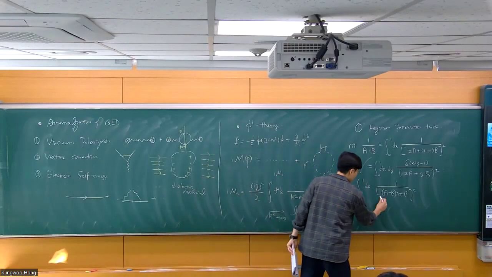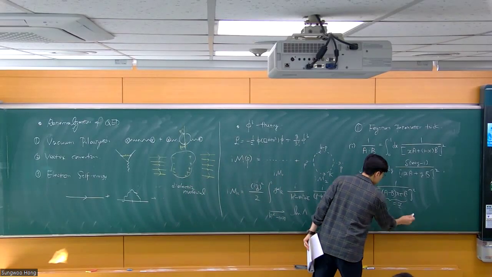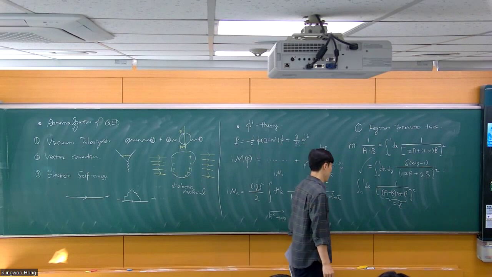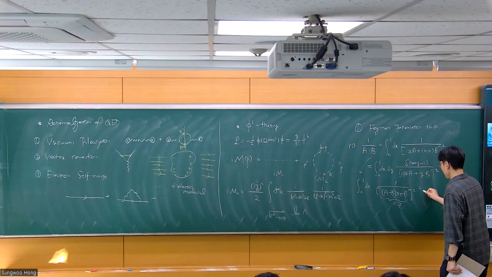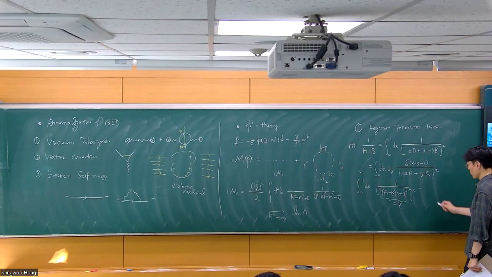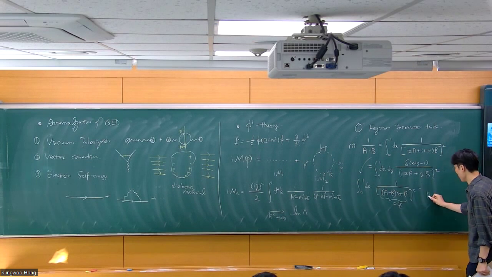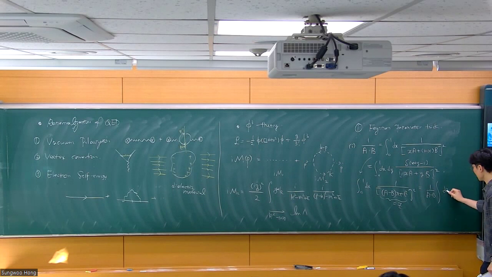Just call this parameter z. First of all, since you define it that way, you have 1 over a minus b, then b is that square. Then the limit is, when this is 0, that's b. When this is 1, that's a. You know how to do this. You should.